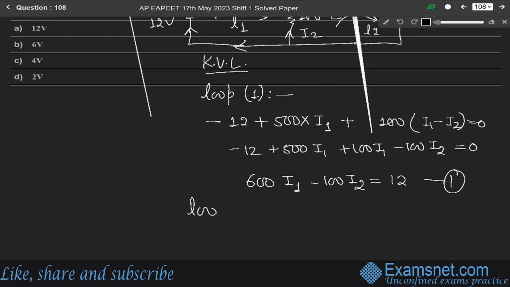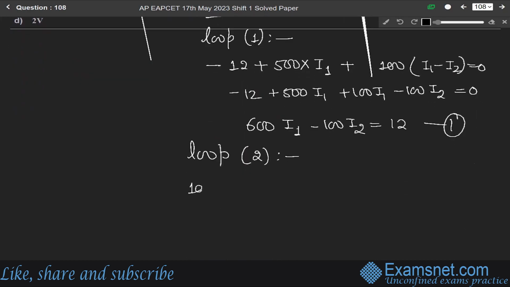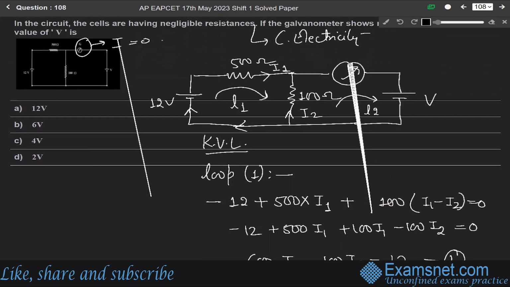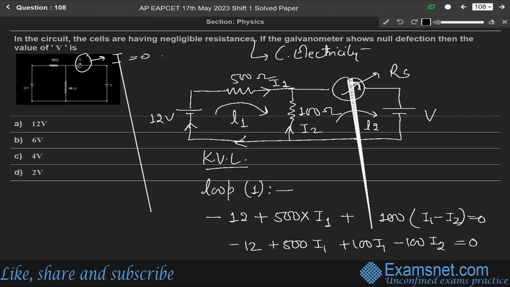Okay. Now using Kirchhoff voltage law in loop 2, we can write 100 (I2 minus I1) plus I2 into RS plus V equals 0. Since according to the question the galvanometer shows no deflection, no deflection means the current I2 which is flowing through it will be 0.